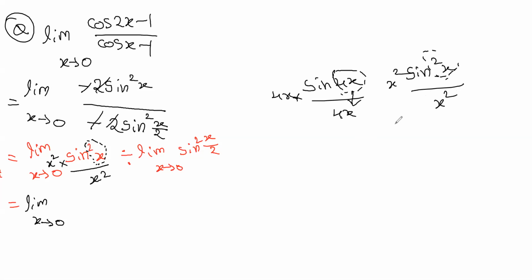If it is sin to the power 4 of x, then we multiply x power 4 and x power 4. Here they are just writing the power to the sin, not for the x.